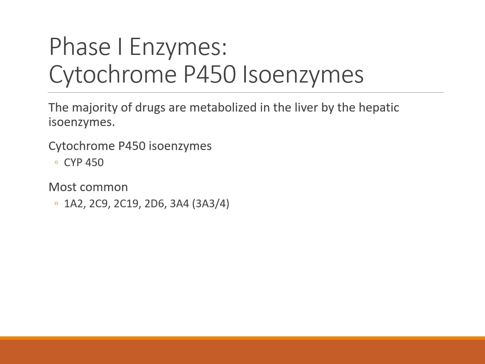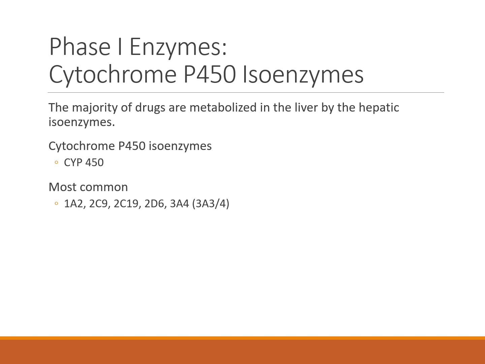Again, phase 1 enzymes, the cytochrome P450, this is when it happens. So when you're talking about metabolism and the cytochrome P450 system, it happens during phase 1. The majority of medications are metabolized in the liver by hepatic isoenzymes, and these isoenzymes are the CYP450 system.